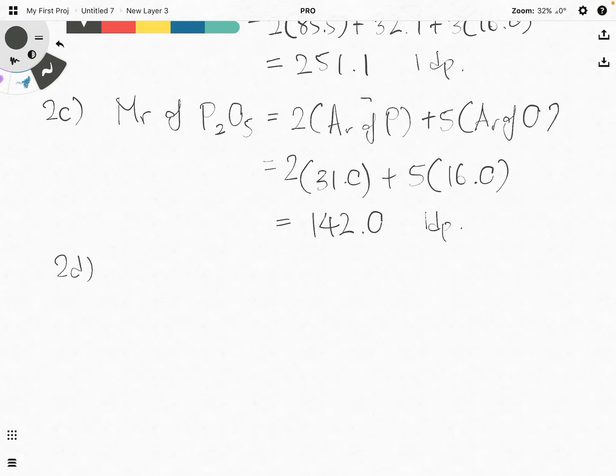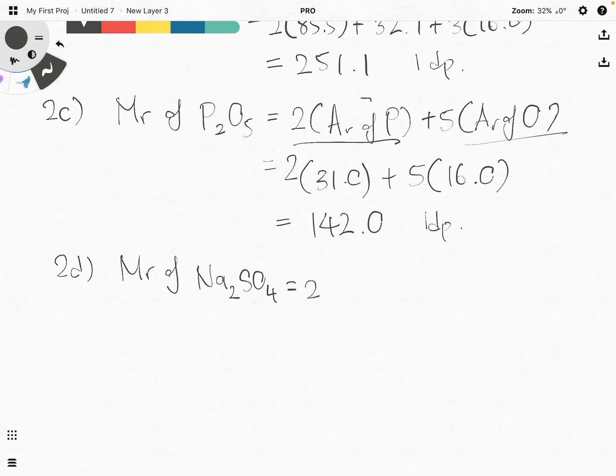For 2d, we are looking at sodium sulfate. Okay, sodium sulfate is an ionic compound. So that means this Mr that we write here is actually the relative formula mass of sodium sulfate. Now I'm going to skip this step. I'm no longer going to write this Ar of this, Ar of that.